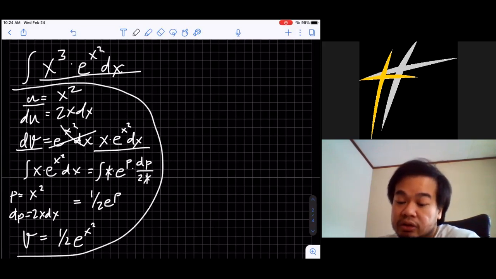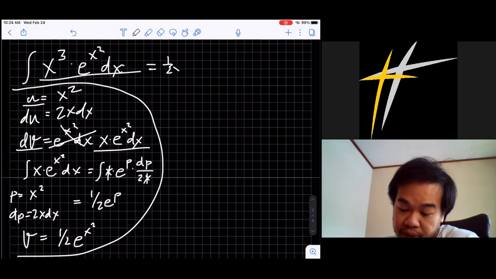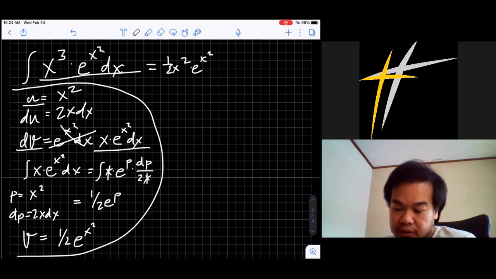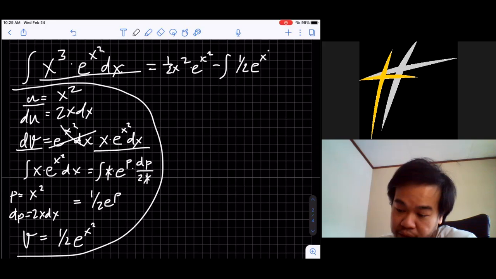So this will be u times v. So u times v is half x squared times e power of x squared, minus the integral of v du. So half e power of x squared times 2x dx.